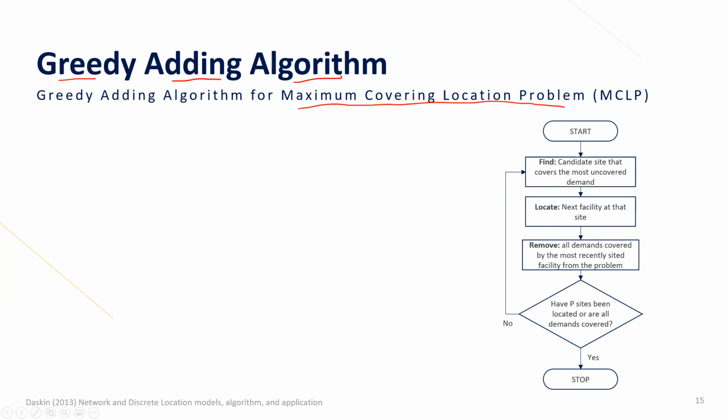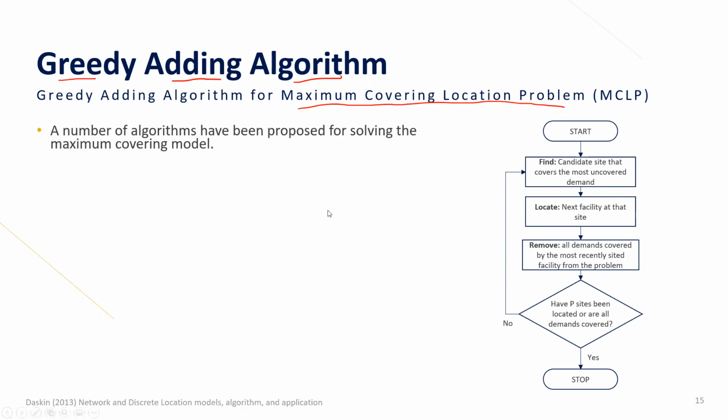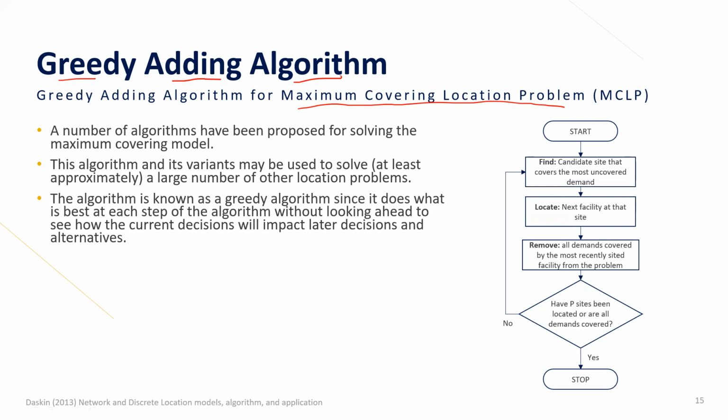The basic way of thinking of this greedy algorithm is like this: whenever you want to select a facility to open, you always try to select the facility that gives you the most demand covered.